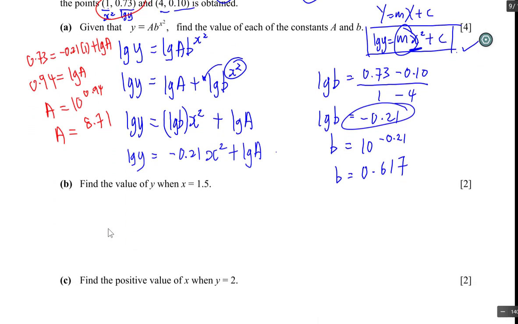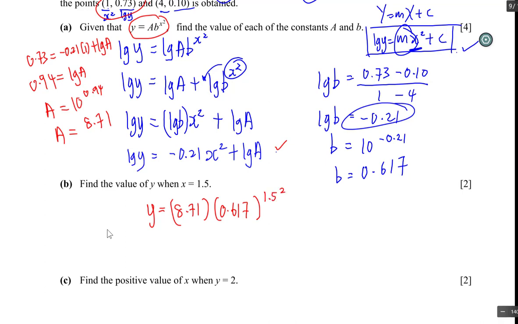Okay, find the value of y when x equals to that. So you can use back the original equation or use this one. Either one will be good, but I think the first one is easier because I have a and b already. a is 8.71, b is 0.617 x squared. So x squared will be 1.5 squared.